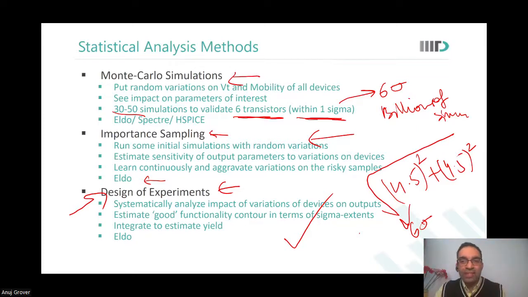No. It's hard. So design of experiments can only be done on very small circuits, small sets. For large paths, with lots of devices where variations could be distributed, you prefer to go to importance sampling or brute force Monte Carlo.